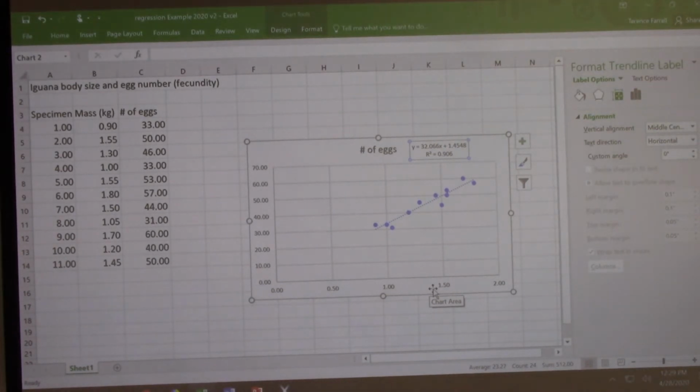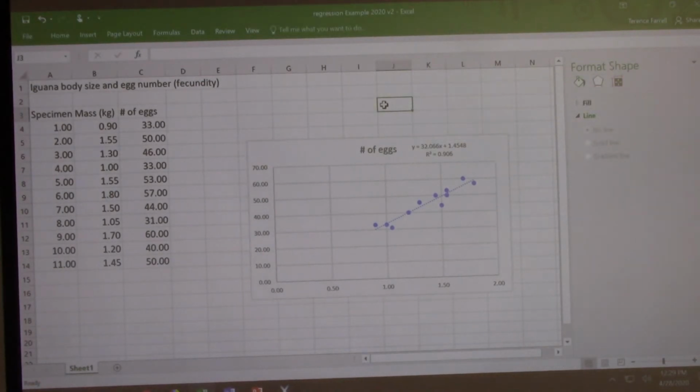And so we've done a fast linear regression analysis here. And I could ask you some questions. One of the things you need to be able to do is make predictions.